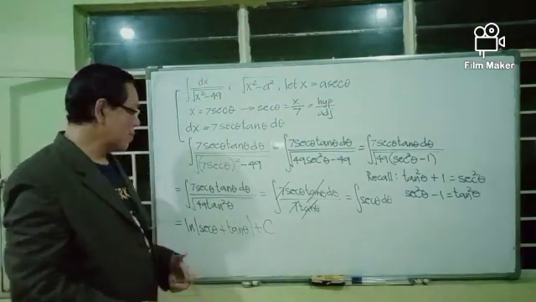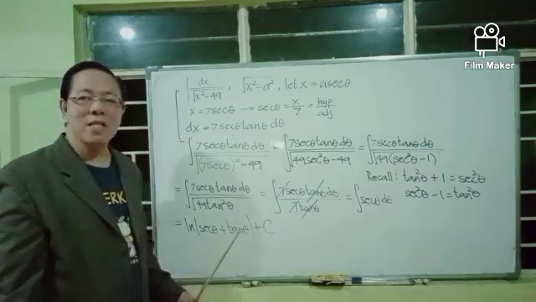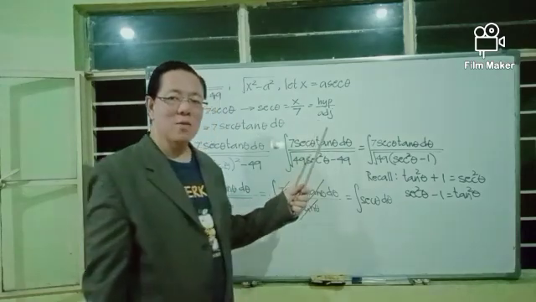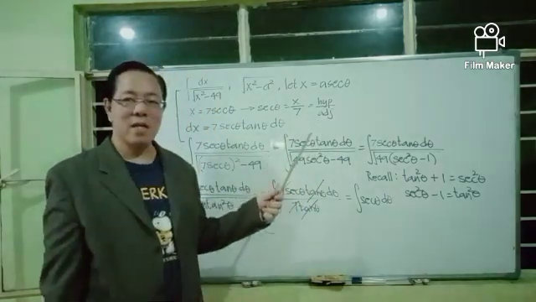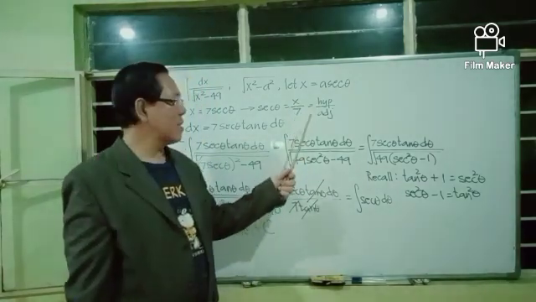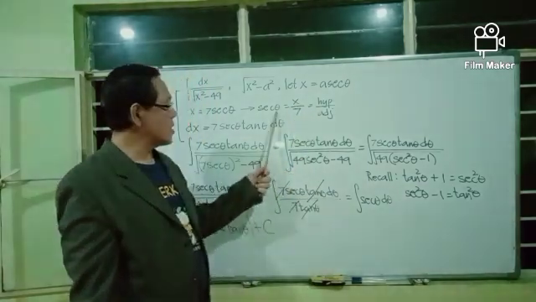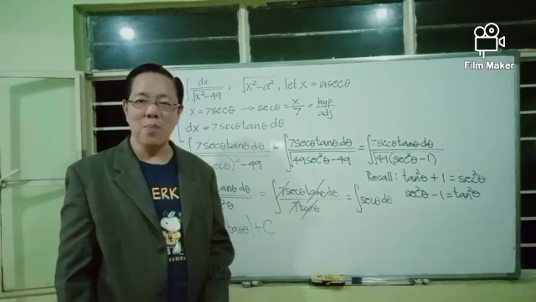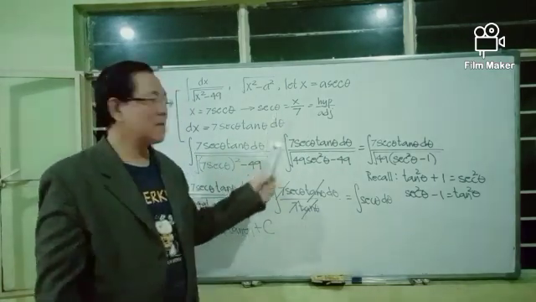And now we will find the value of tangent theta in terms of x. And to find the opposite side, we construct the right triangle with hypotenuse equal to x and the side adjacent to theta equal to 7. And from there we find the side opposite the acute angle theta.